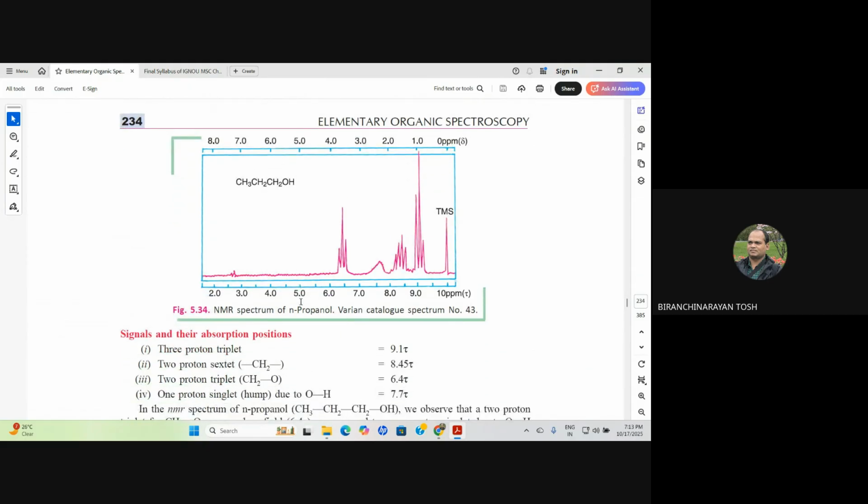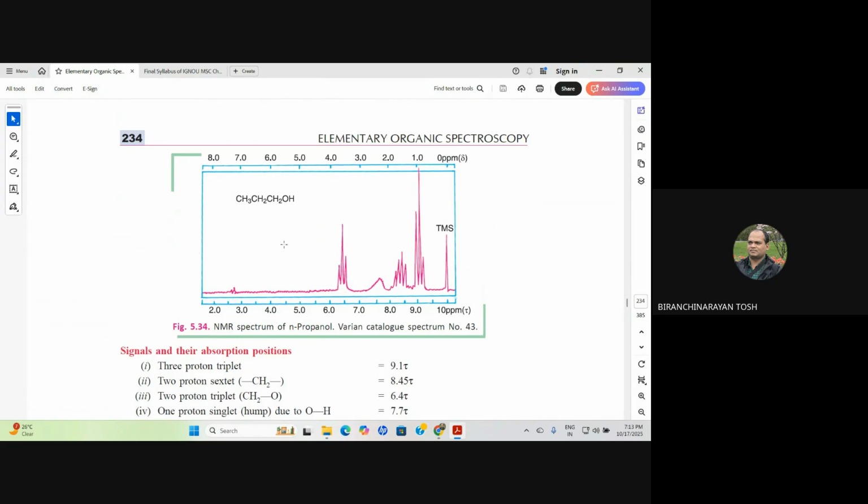This is one hydroxyl group, so 1 proton, and this is 2 protons. Neighboring is only 2 protons. So these 2 protons will get a triplet, and these 2 protons will get 5 plus 1, that means a sextet, and for this 3 protons we will get a triplet.